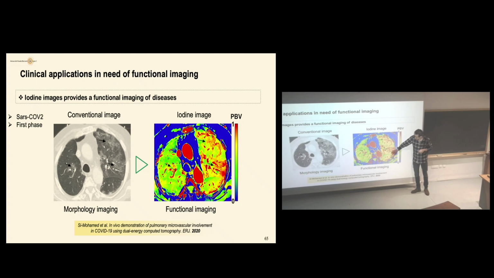But what is important here is that we saw, in this area, the black arrow, in these ground glass opacities, an increase in perfusion blood volume. That means that in low ventilated areas, where you have low concentration of oxygen and high concentration of carbon dioxide, you will have more change in the circulation.